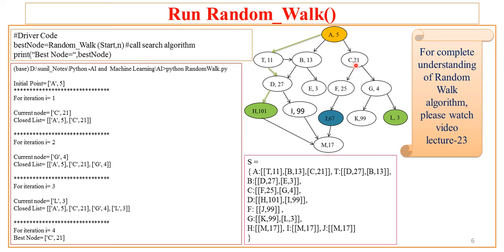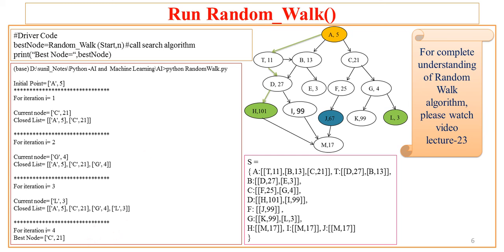So here C. That is, the algorithm started with A, then went to C, then reached G, then reached L. L doesn't have any child, so here is the termination, and at the same time the best node on this path is C, so that is returned. So this was the first run.